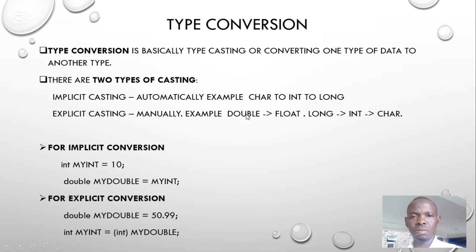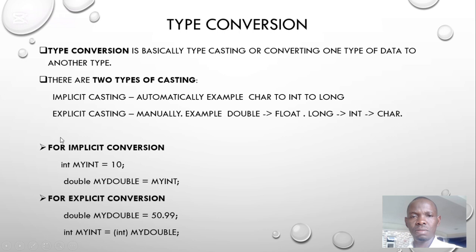Here, for instance, we have double. Double is 8 bytes and float is 4 bytes, so we are converting 8 bytes to 4 bytes. And here, we are converting 8 bytes, which is long, to 4 bytes, an integer. And likewise, we are converting a 4-byte integer to a 2-byte character.